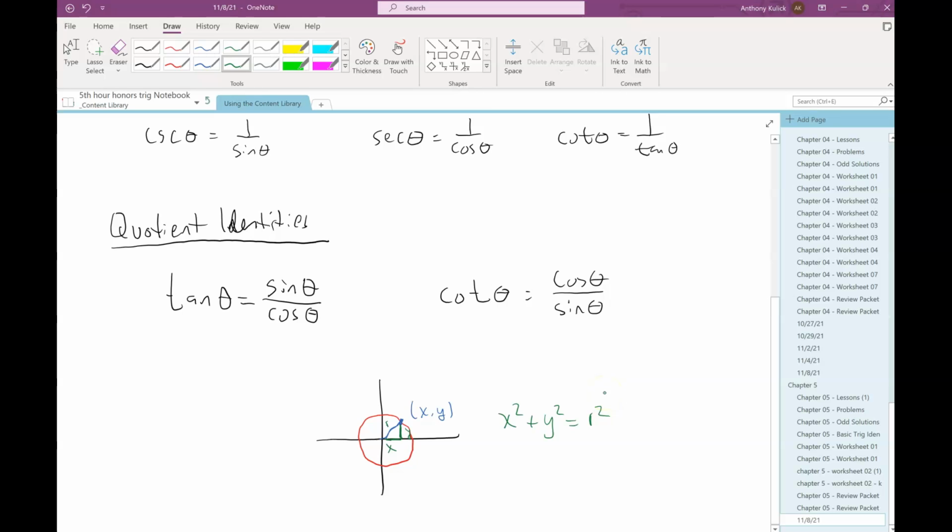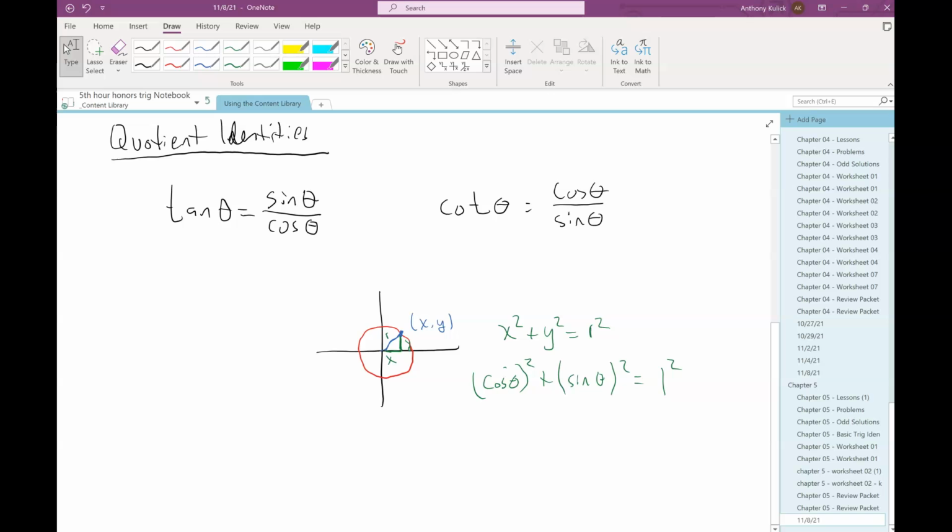Everybody agree with that? And on the unit circle, x is cosine, y is sine, and the radius is 1. So this just boils down to cosine squared plus sine squared is equal to 1.